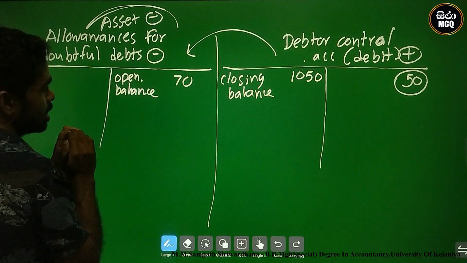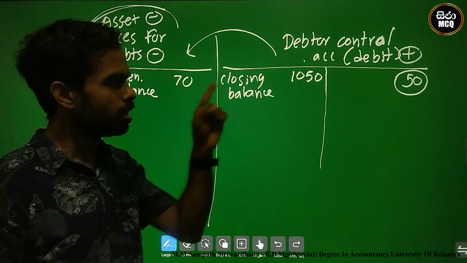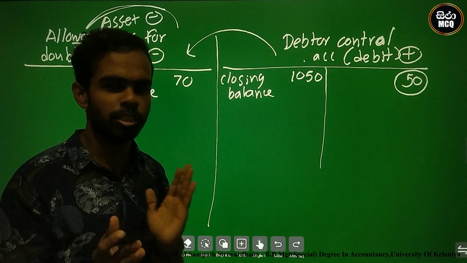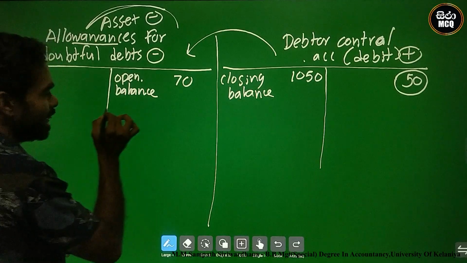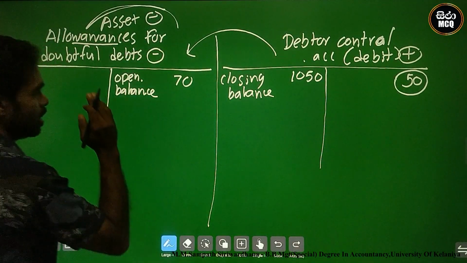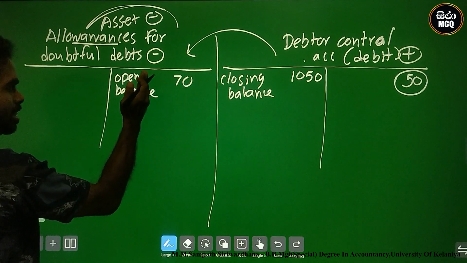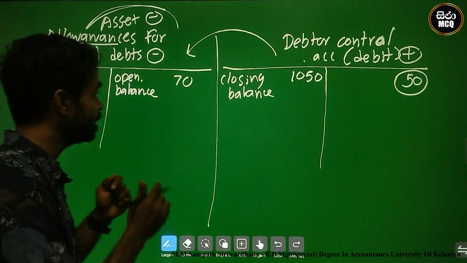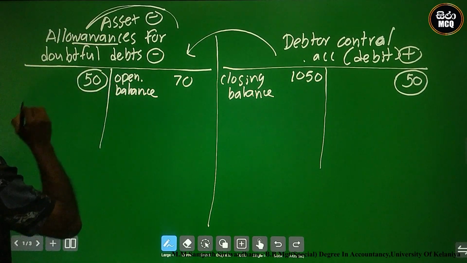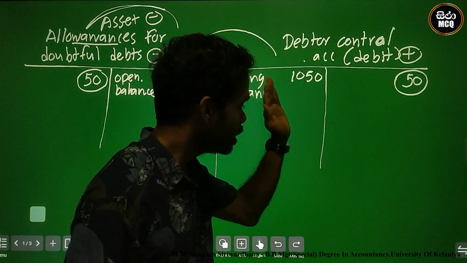There is allowances, meaning the bad debts balance is covered by the allowances. The allowances are being used. At this time I debit it to the allowances for bad debts account and credit the debtor control.